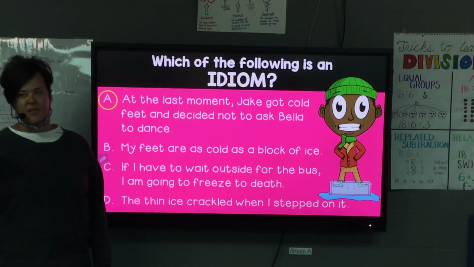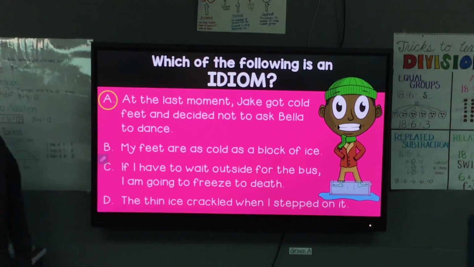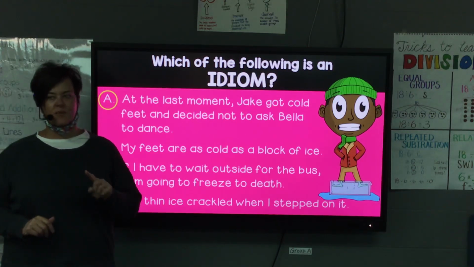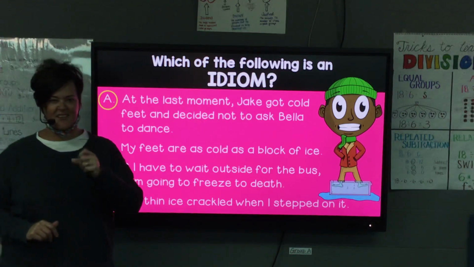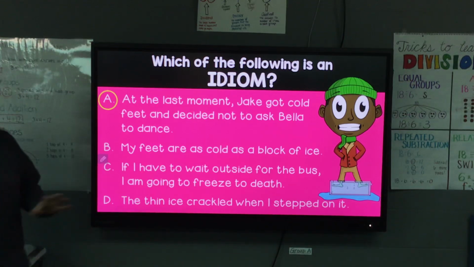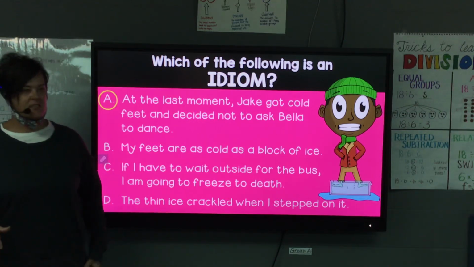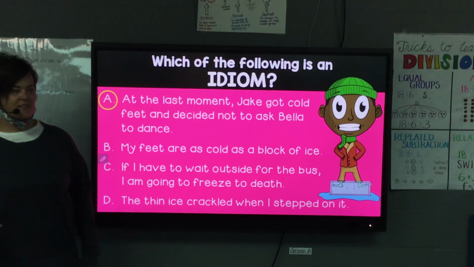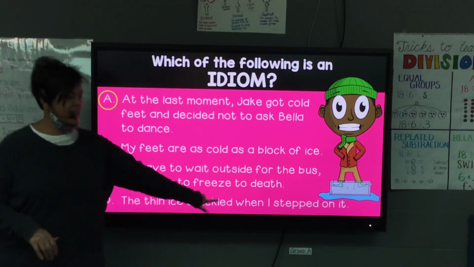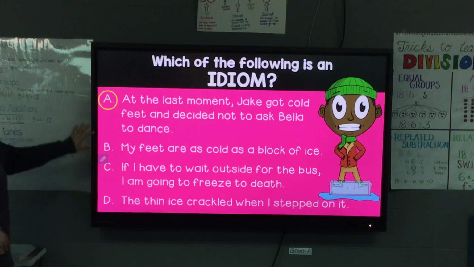It's the one that starts with an H. Does anybody remember that? Hyperbole. The thin ice crackled when I stepped on it. Onomatopoeia. That "crackled" right there tells us that one's onomatopoeia.